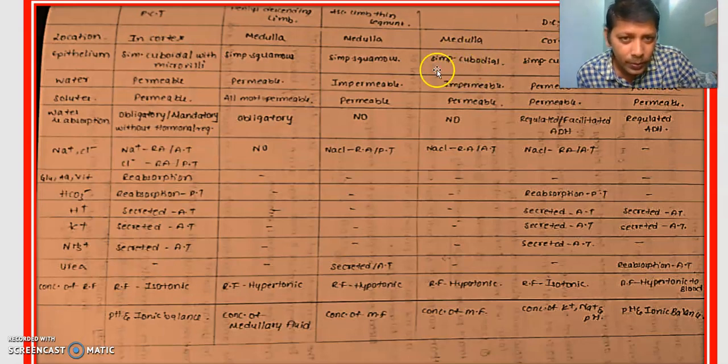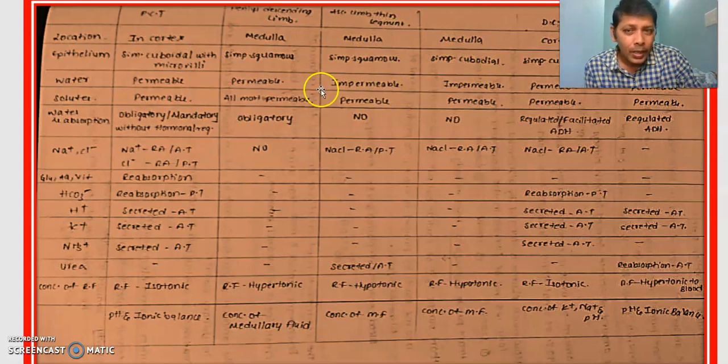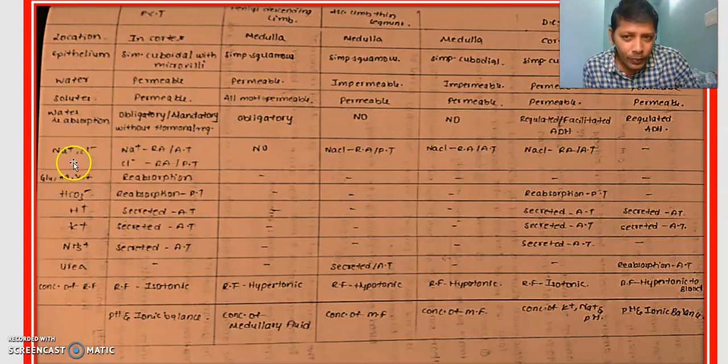This thin segment also consists of simple squamous epithelium. It is water impermeable, which is important, and solute permeable, quite opposite to the descending limb. There is no water reabsorption here because it is water impermeable, not allowing water.